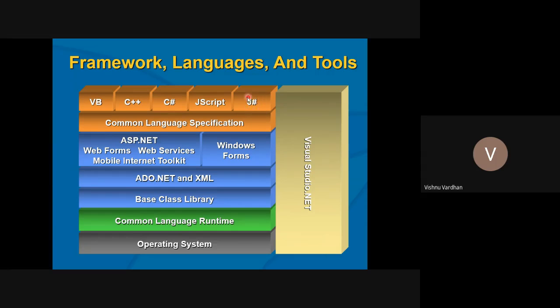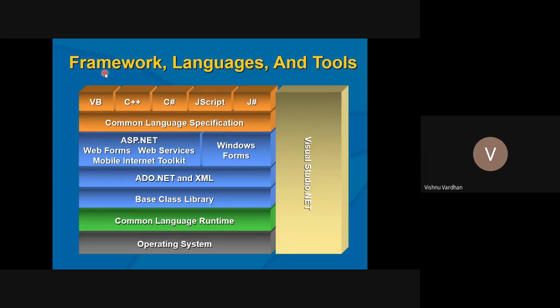J Sharp is almost completely similar to Java. In the initial stage, they took J Sharp as a separate language only to target Java developers, so that they don't have to learn much to migrate from the Java platform to the .NET platform.